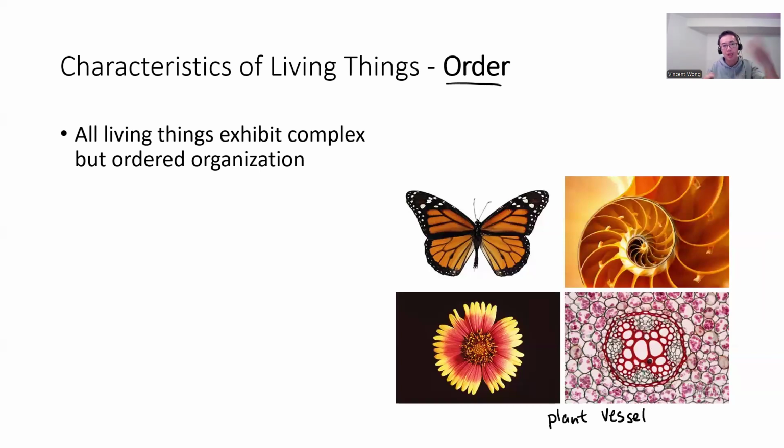Okay, like transport water or transport sugar, those kind of vessels, and you can see there is a very distinct organization associated with it. Okay, so this order and complexity applies to the entire organism as well as the molecular level and the cellular level.